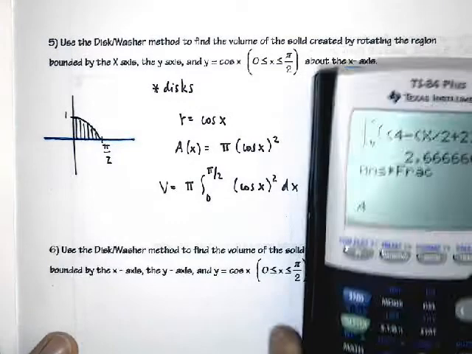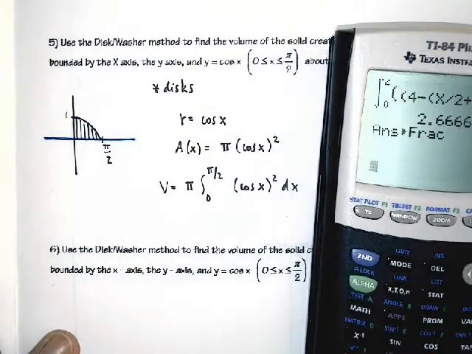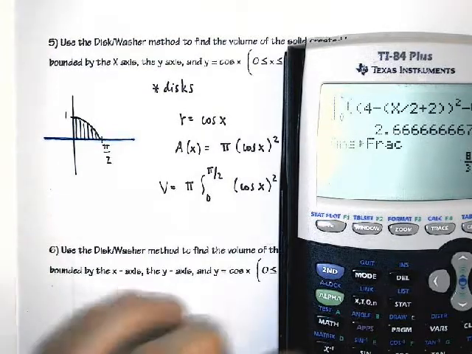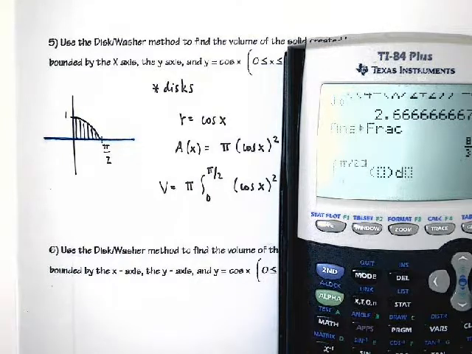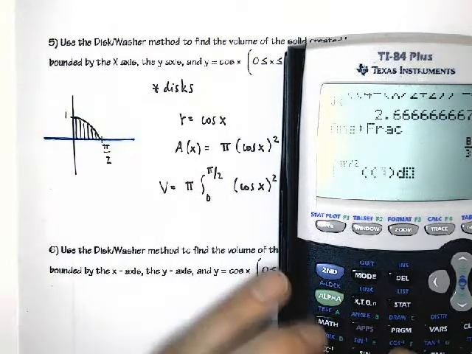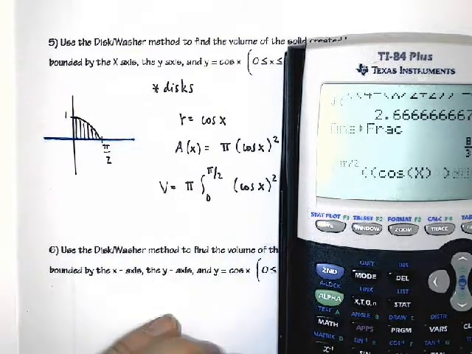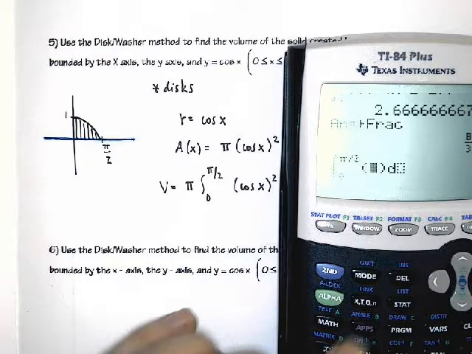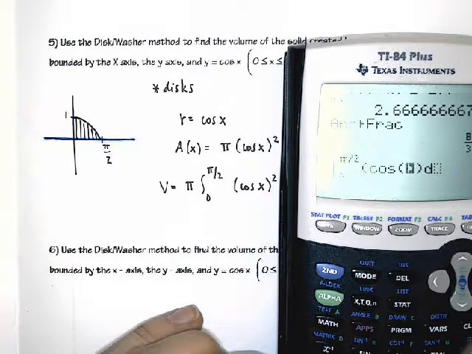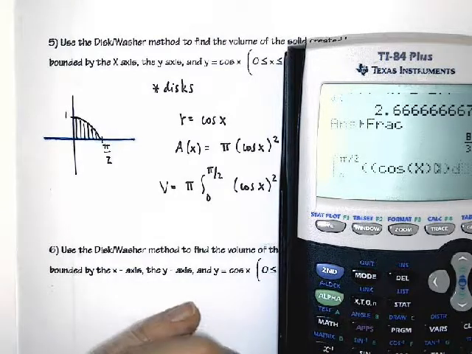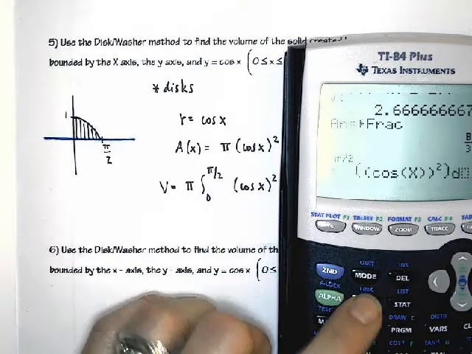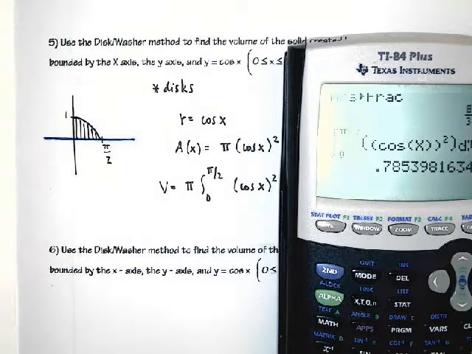So back to our calculator. This is a nice quick one. So let's see, math 9 from 0 to pi over 2 of cosine of x, quantity squared. Oh, what did I do? I cleared that out somehow. Cosine of x squared dx, 0.785.